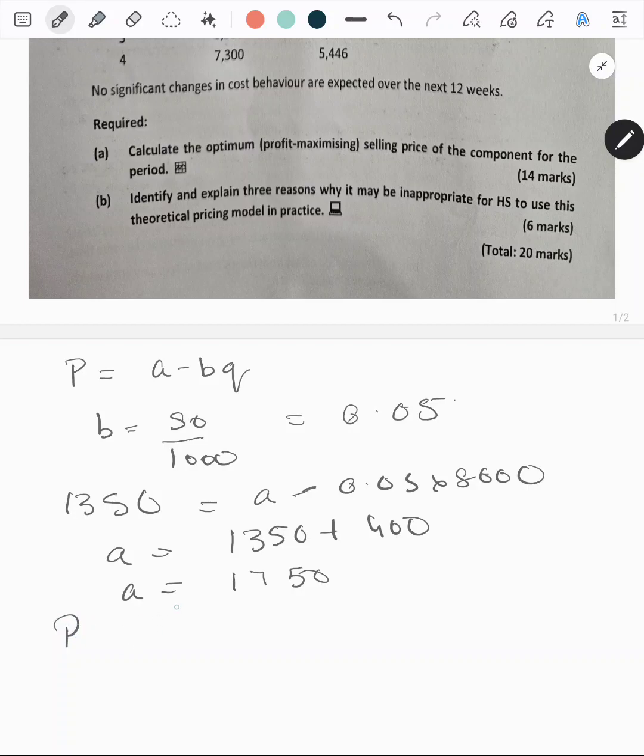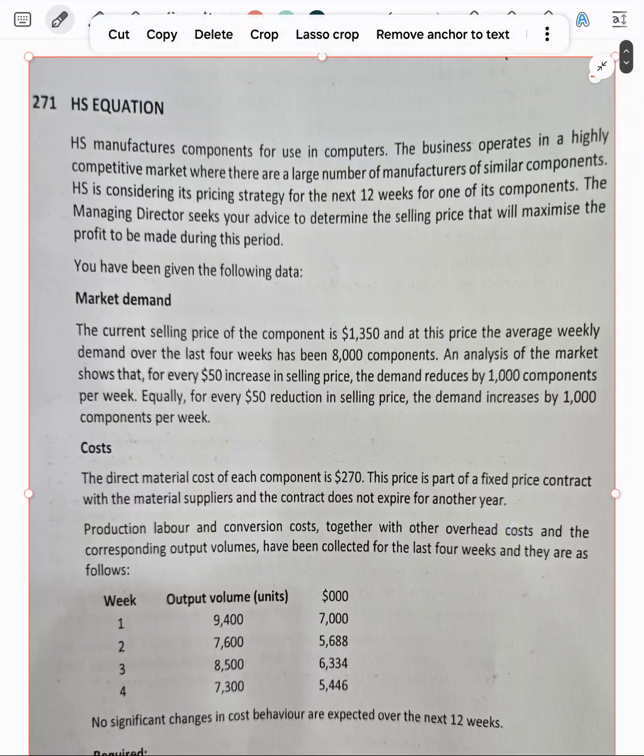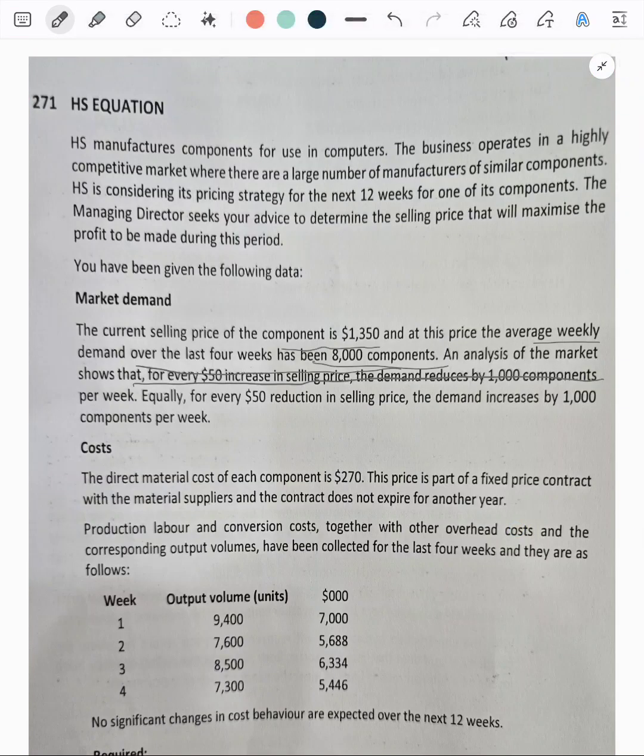So the demand equation which will maximize our profit will be P is equal to 1750 minus 0.05Q. At which quantity our selling price will generate maximum profit, we will calculate further.